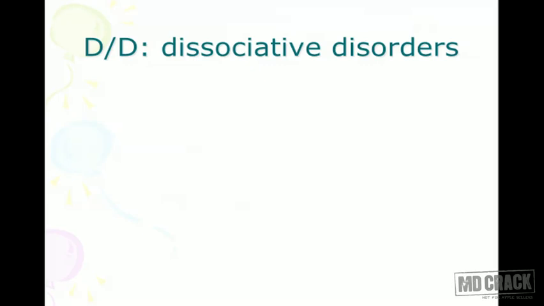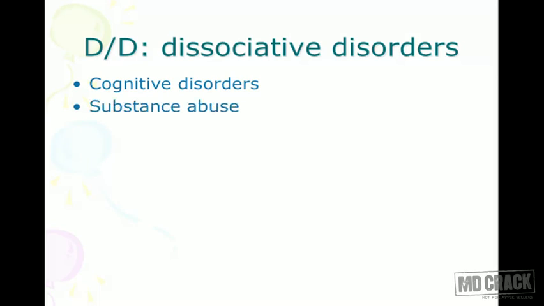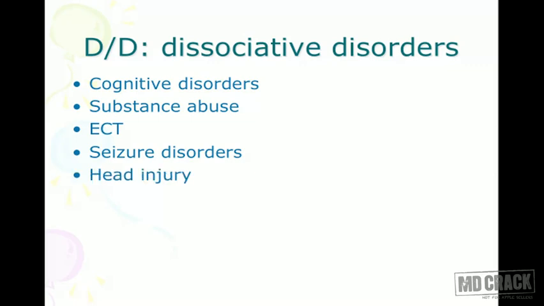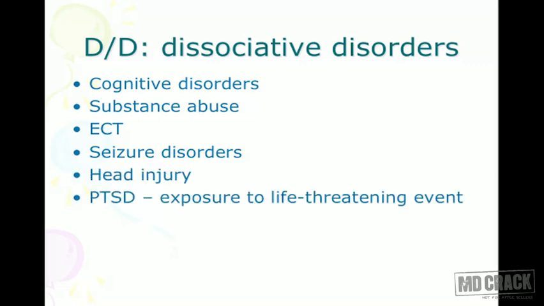We need to differentiate the dissociative disorders from cognitive disorders, which we already did in this session. That's delirium and dementia. Then we need to differentiate from substance abuse, and from the effects of electroconvulsive therapy. You can sometimes have memory loss. You need to differentiate it from seizure disorder. Some minor types of epilepsies might present like memory loss, and the cases of head injury.